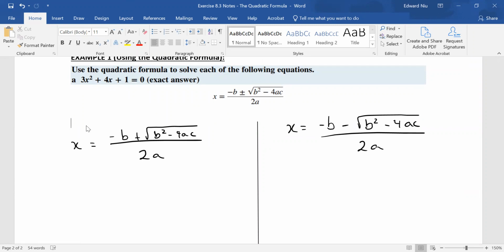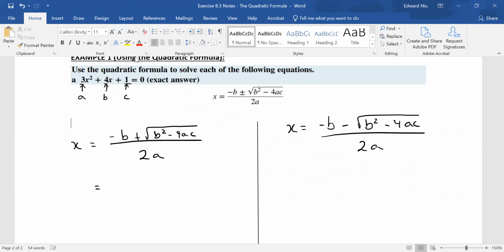Now how do we know what the values of a, b, and c are? Well, it always goes like this. The value in front of the x squared, the coefficient, is always a. The coefficient in front of the x is always b, and the constant without a pronumeral attached is represented by c for constant. We then plug these three values into the equation.